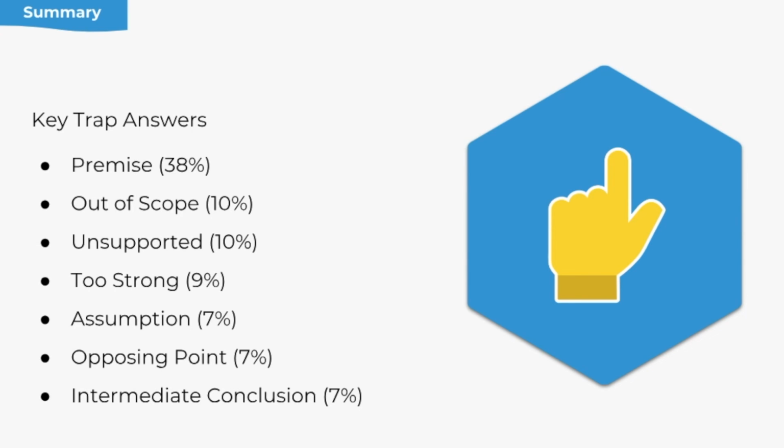So premises, out of scope won't be there. Unsupported will be a twist on a regular idea. Too strong will be a twist on a regular idea. Assumption being something that's going to help you get there. An opposing point will definitely be there, but it won't be the author's position. And then an intermediate conclusion will be tempting, but wrong. And it will probably be tempting because of the language cue, thus or therefore or hence. They'll give it to try to pull you away from the main point.